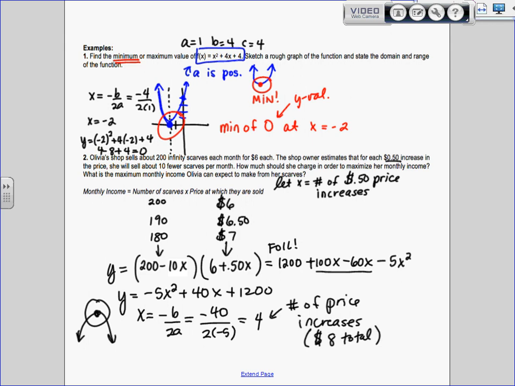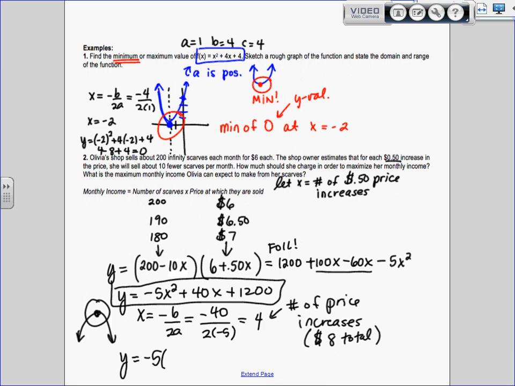Okay, so if I want to find her monthly income, I could just say it's going to be 200 minus 40, right? Because she's losing 40 scarves by selling it for that more expensive price. And then I could take that amount and multiply by the price. Or you can plug into this formula that we just found.